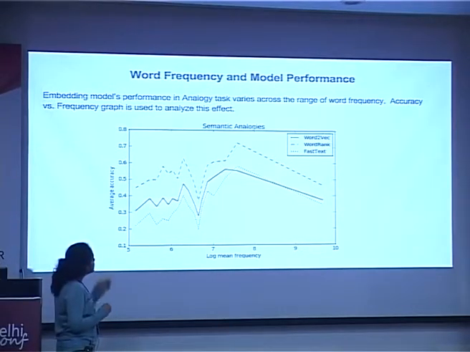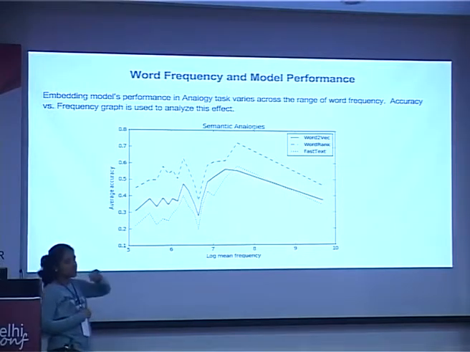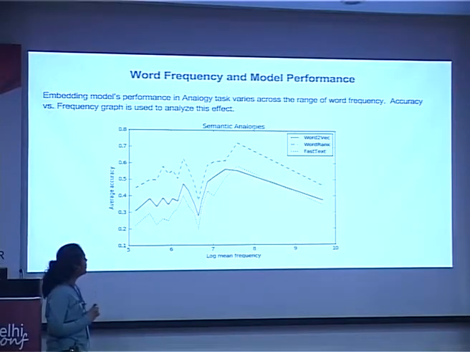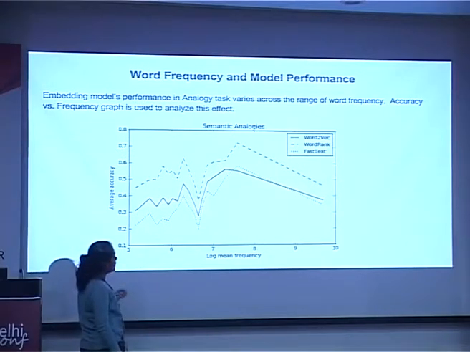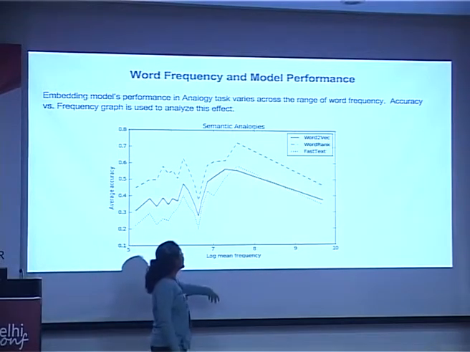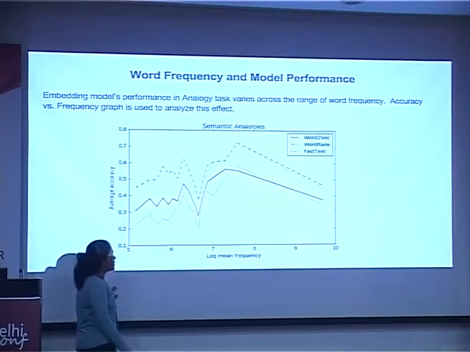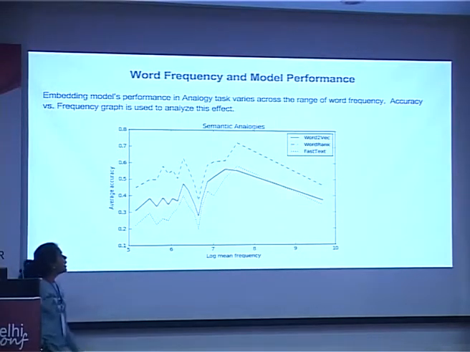This is the graph of accuracy on the analogy test data, which I described earlier. We observed that all 3 models perform poorly on rare words and highly frequent words, and gave optimized performance on the middle frequency words.